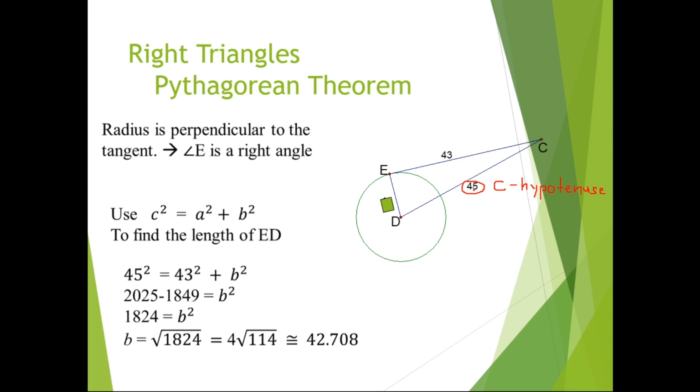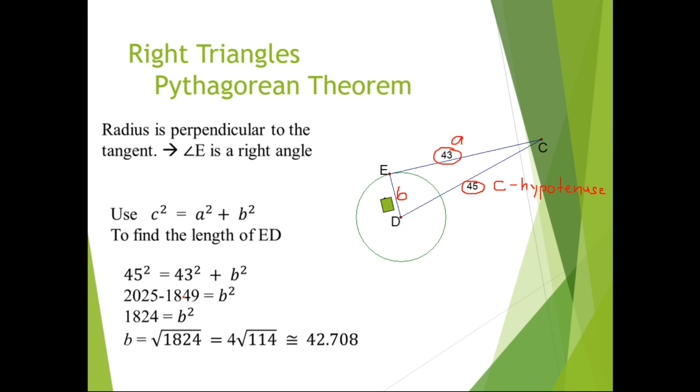Then 43 squared represents one of the legs of the right triangle. It is assumed that 43 is a, which represents one of the legs, the longer leg. While b squared, or b, represents the segment ED, which is a radius.